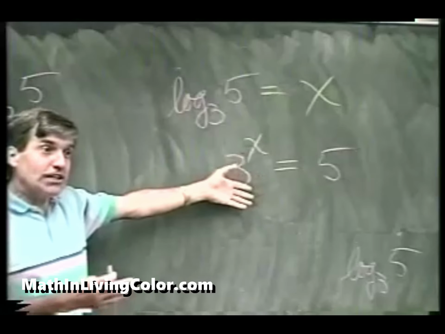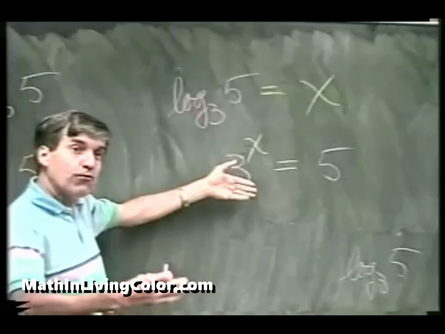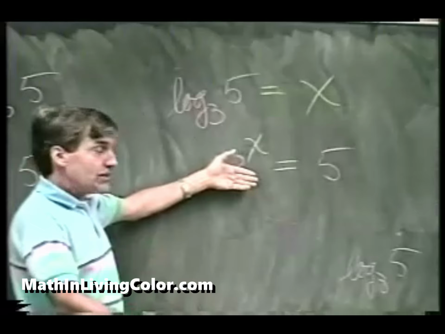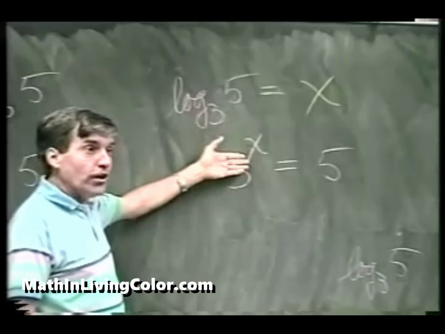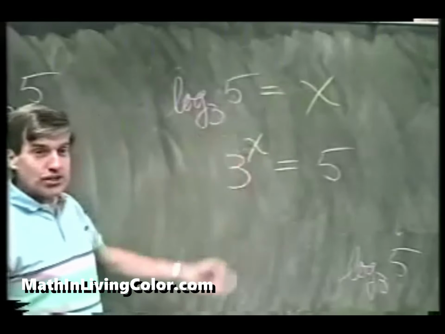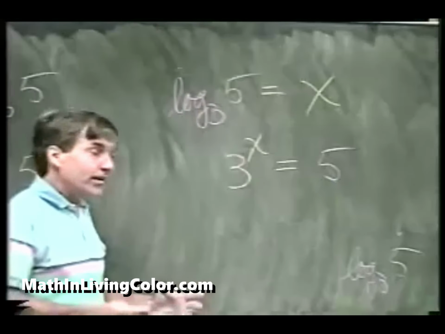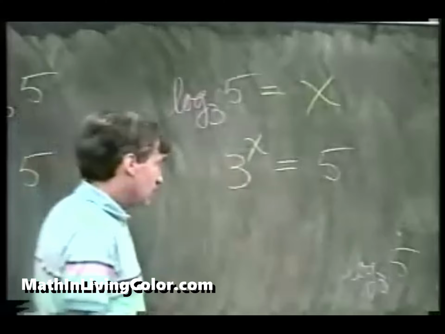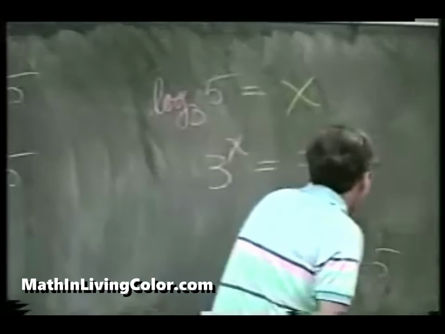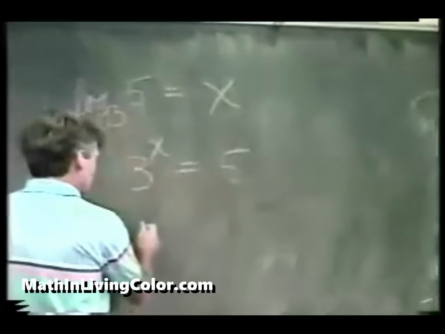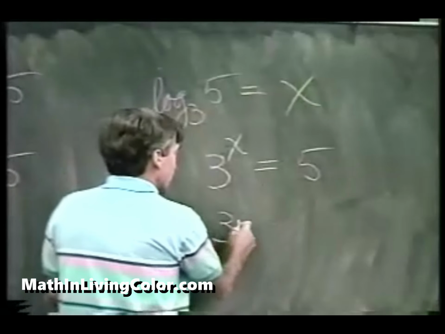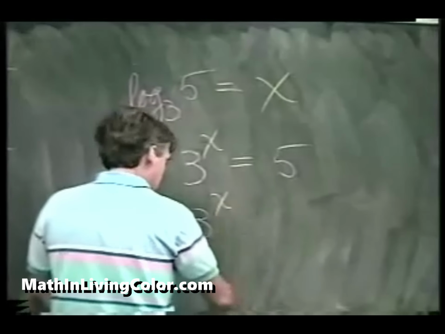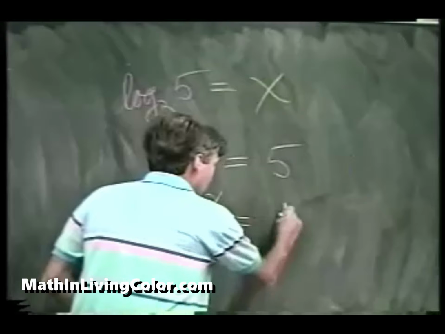Well, actually, this is the bridge into section 4.04. Because in section 4.04, what we want to do is solve exponential equations. And the technique that we use is to take the log of both sides. Right? I want to take the log of both sides of this equation. So let me write that equation down again, just like it is. 3 raised to the x power equals 5.